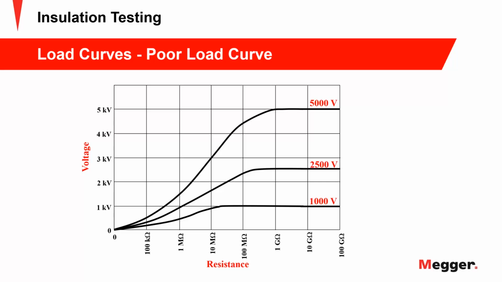That's where you're making your determination of what to do, take it out of service or not. So if you're trying to do a 5 kV test, you don't want 3 kV at, let's say, 100 megohms or something like that. That's what your load curve shows you, and that's a good thing to examine before you make a purchase. Next.